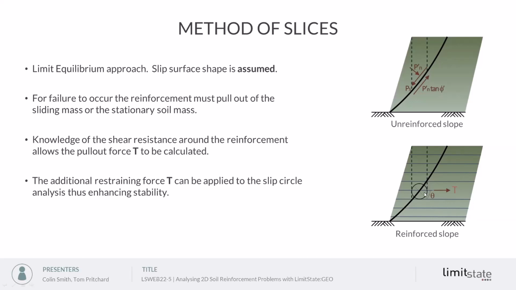We can calculate the pull-out force required to get that reinforcement to move. That additional restraining force T can then be applied to the slip circle analysis, and that enhances stability. It gives us an additional stabilizing force on our slice of soil that will restrain failure.